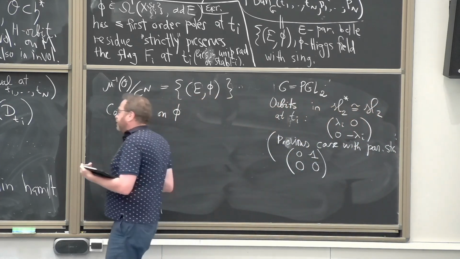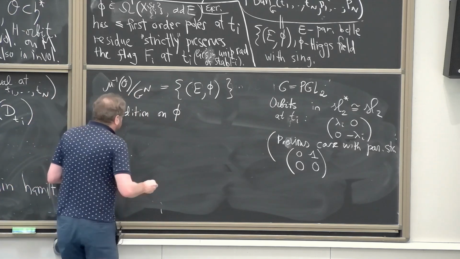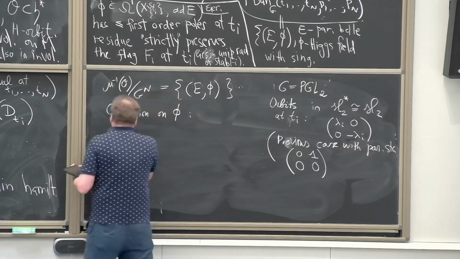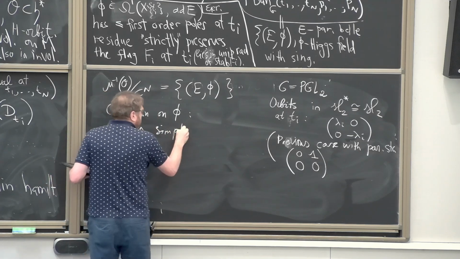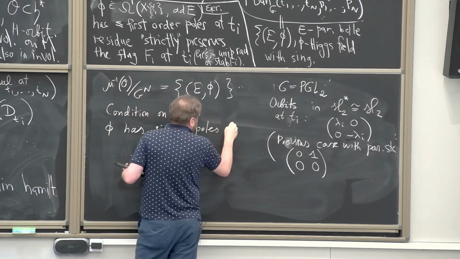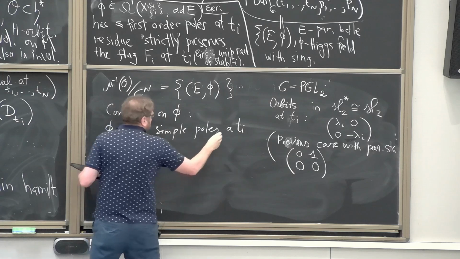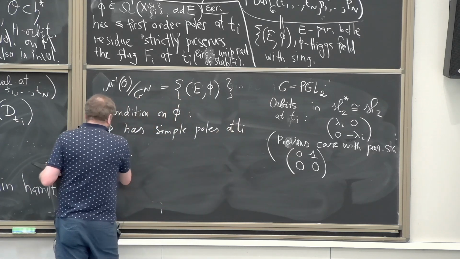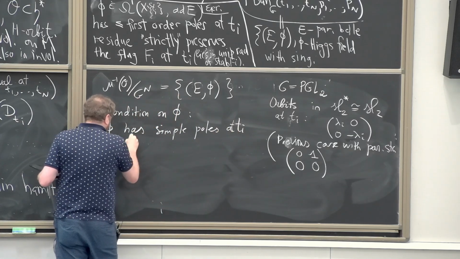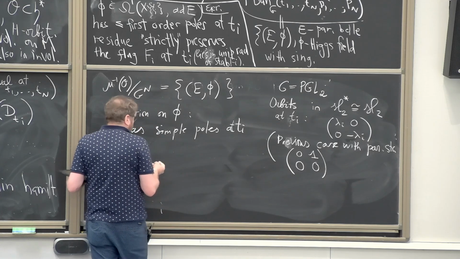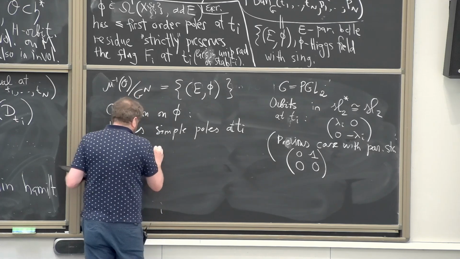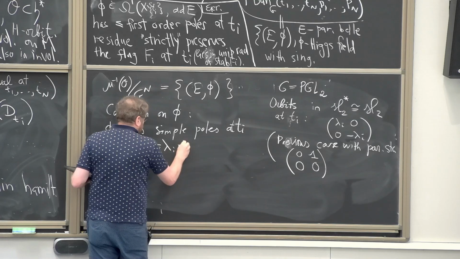So the condition on phi will now be: phi has simple poles at t_i, and the residue at t_i of phi doesn't kill L_i, but on L_i it acts by eigenvalue lambda_i.